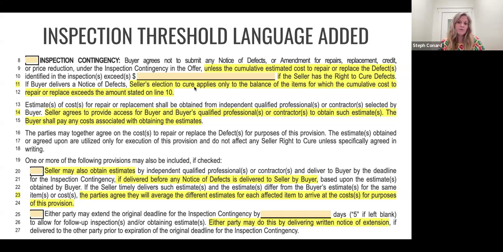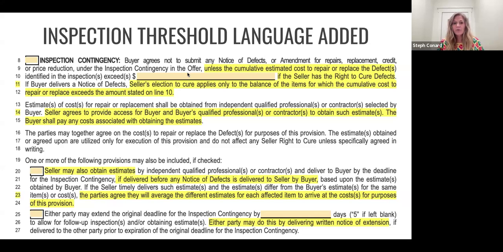I think the spirit of the provision is that they would still be negotiating, in the sense that, okay, there's $10,000 worth of repairs that are needed, but I'm only going to ask for $5,000 because I had said that I would take on the first 5,000. That's not technically written here.